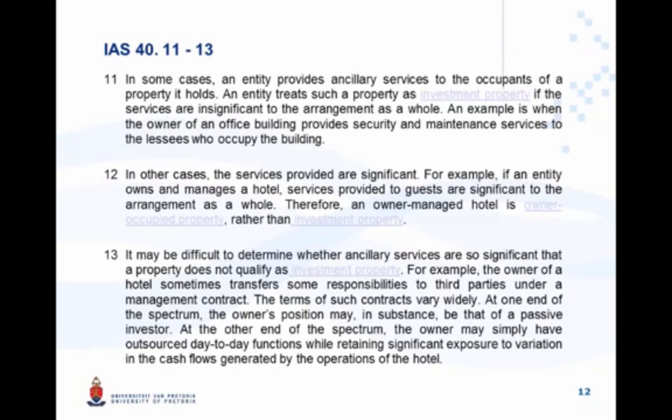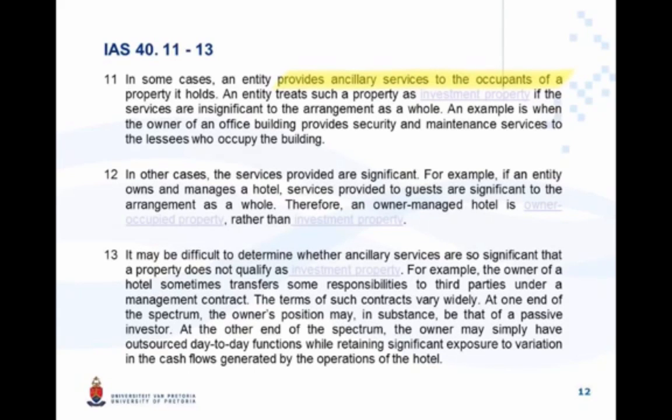IAS 40 paragraph 11 to 13 deals with the scenario where you are providing additional services to the occupants of property. So you're renting some or other property out, but on top of that, you also provide additional services to the occupants.